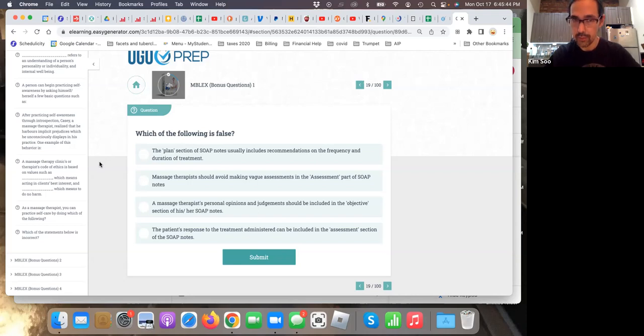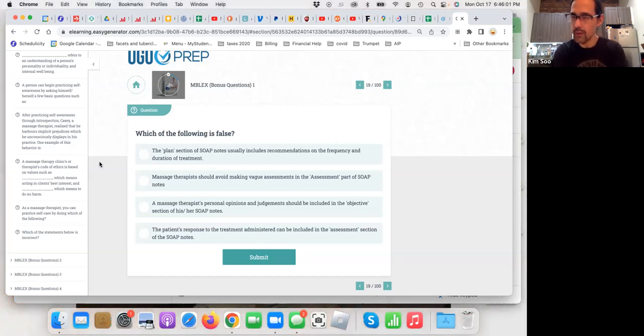The plan section of the SOAP notes usually includes recommendations on the frequency and the duration of the treatment. I think that's true. Plan, frequency and duration. Massage therapists should avoid making vague assessments in the assessment part of SOAP notes. I don't think that's false. Vague is pretty subjective.